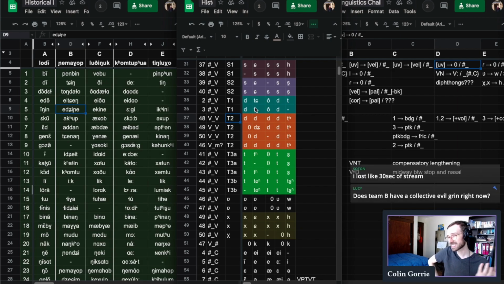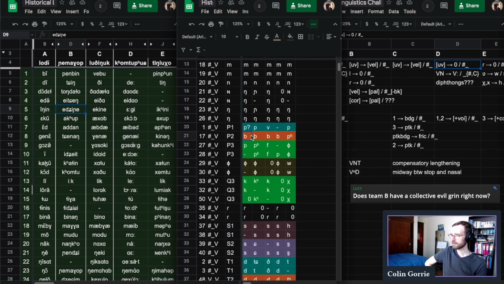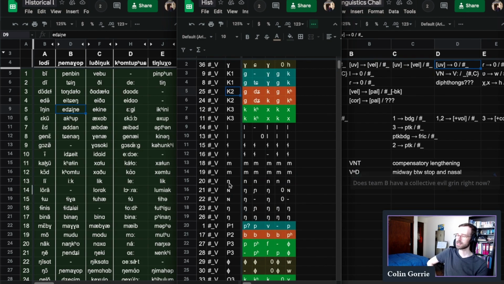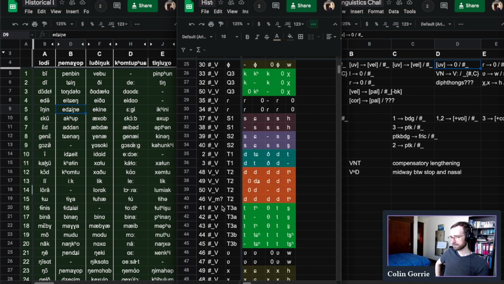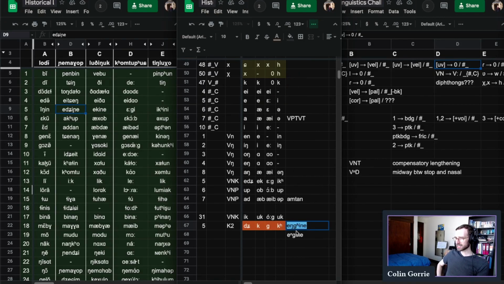I would say it's a slight argument against that theory that we don't have any trace of nasalization in any of them at all. Here we have the P2, no trace of nasalization, K2, no trace of nasalization. I'm leaning towards this theory here, the nasal stop cluster, for that reason.